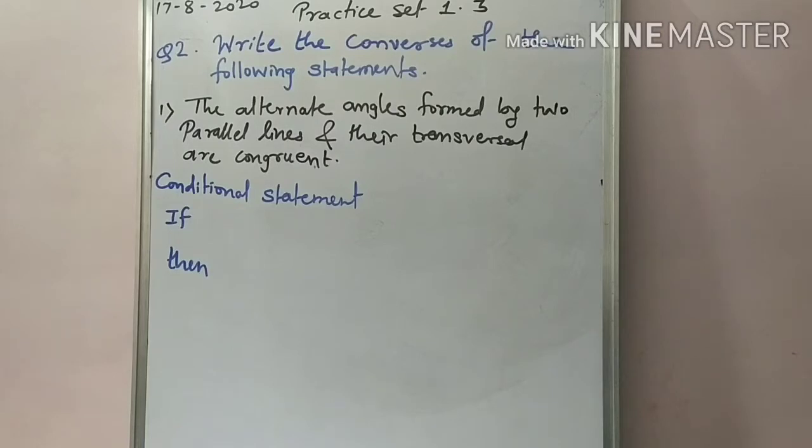Here is a property of parallel lines and a transversal. To write its converse, first we write its conditional statement, that is, we convert the statement into if-then form. It is easy to write the converse then, because in the converse we just interchange the if and the then.